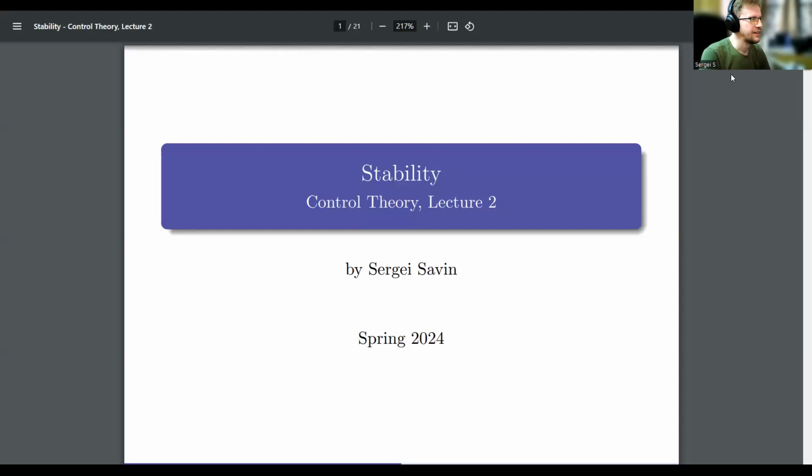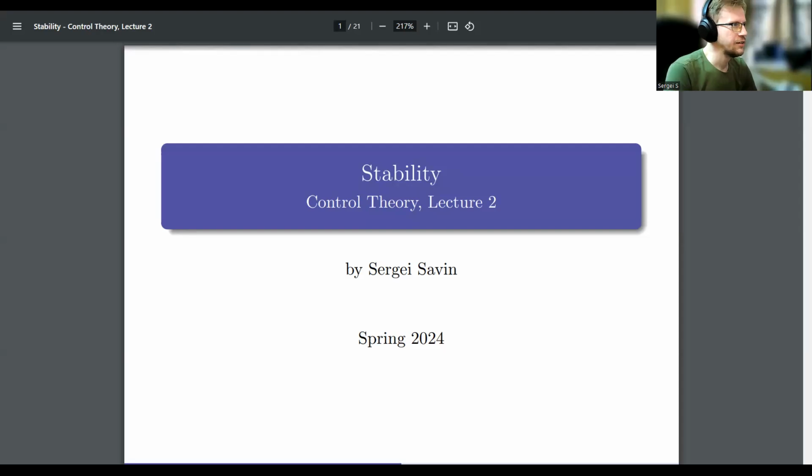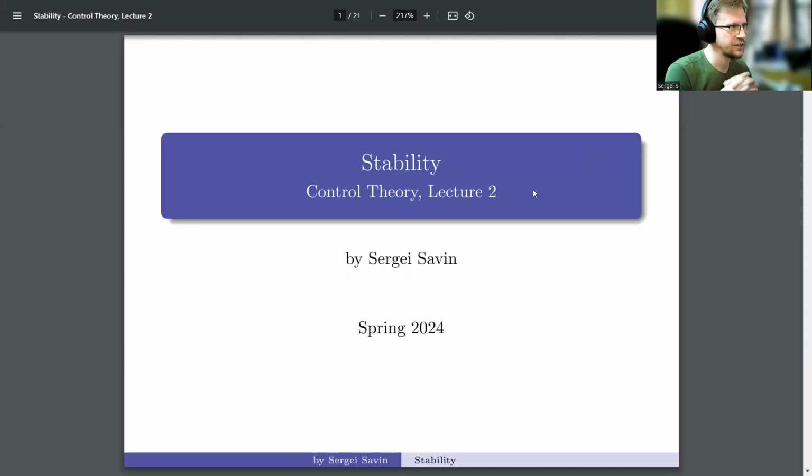All right. So today we are going to make our second step in studying control theory. Last lecture, we focused almost entirely on the models. The question was, how do we model a specific system which we would like to work with?